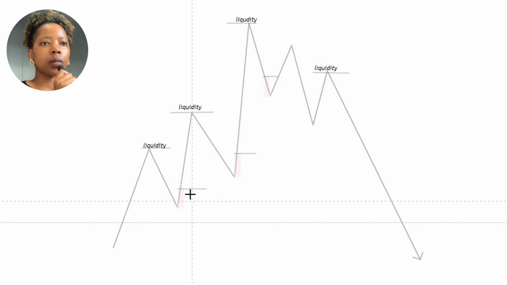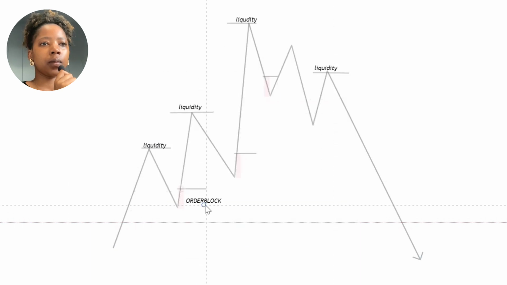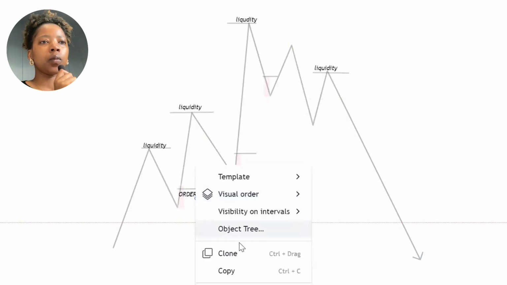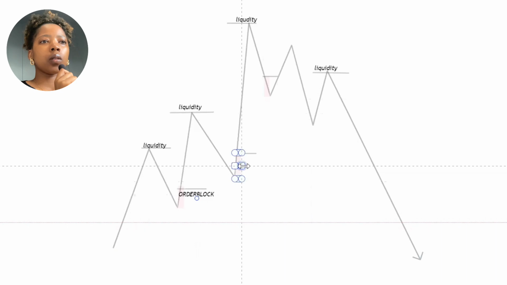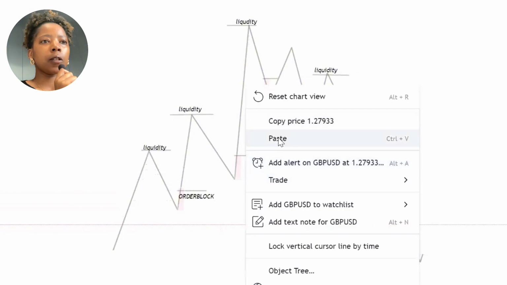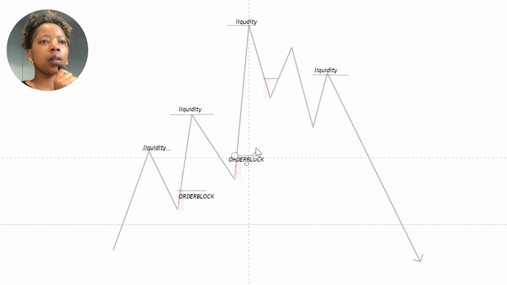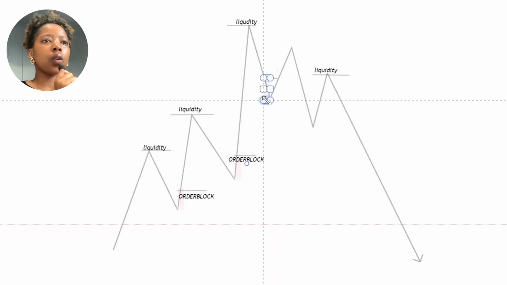Simple, like that. You can do this over and over again.